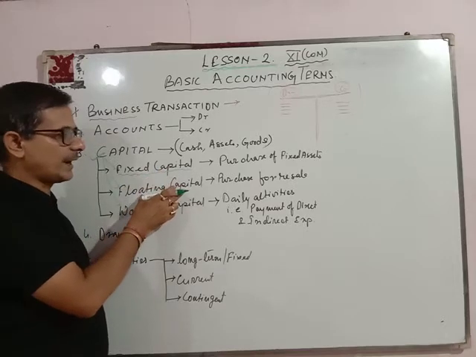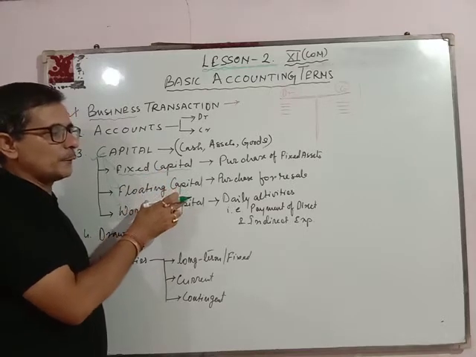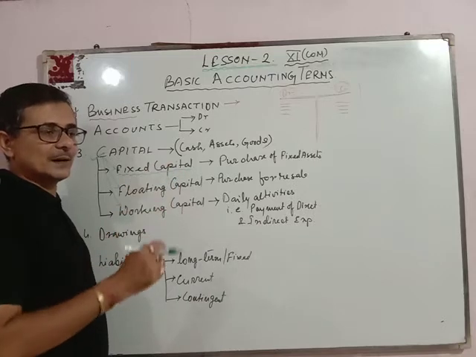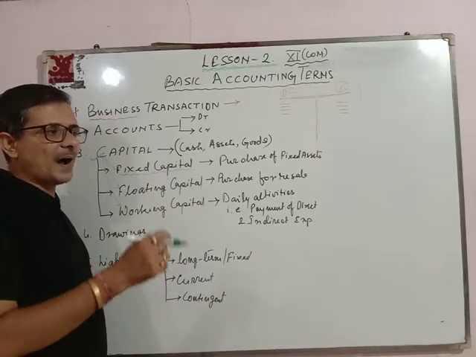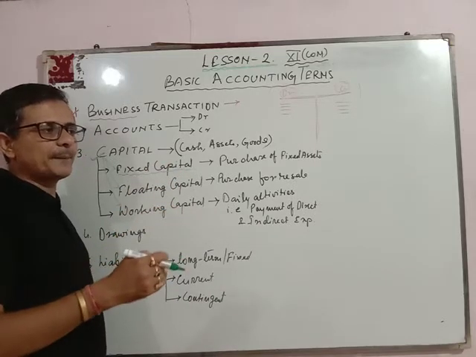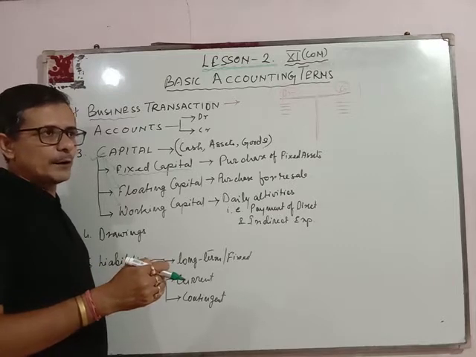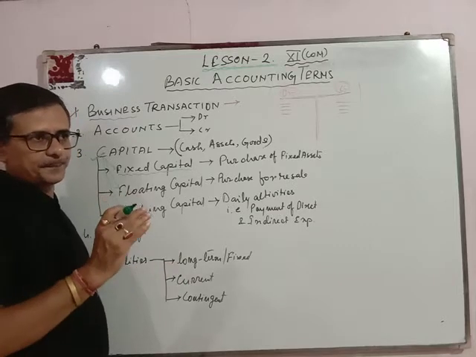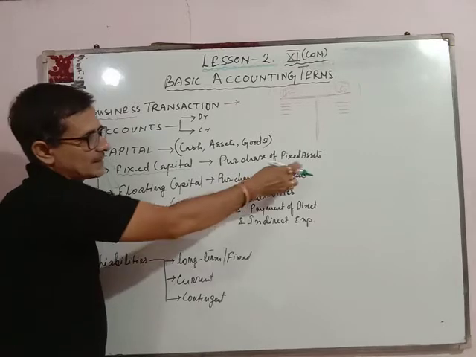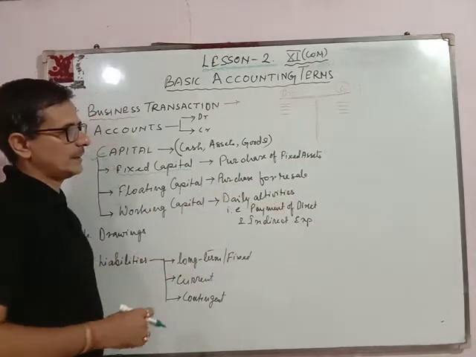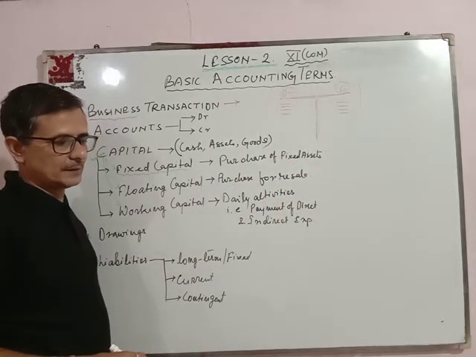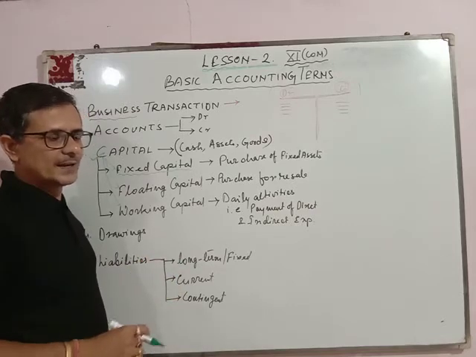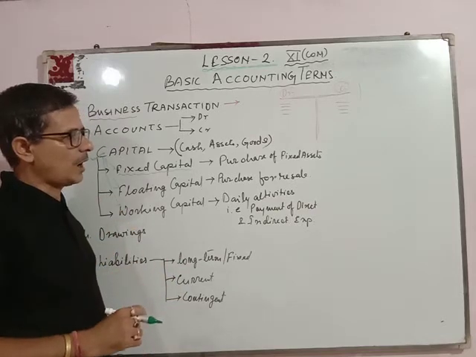Next is floating capital. Now purchase with the point of view of resale. Whatever he buys, he doesn't keep it for a long time. The fixed assets, the fixed goods that he introduces into the business, he uses for a long period of time.